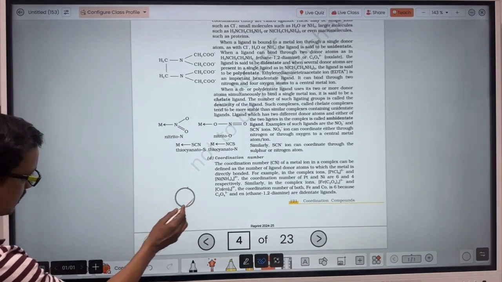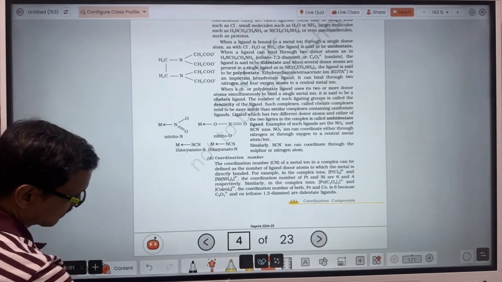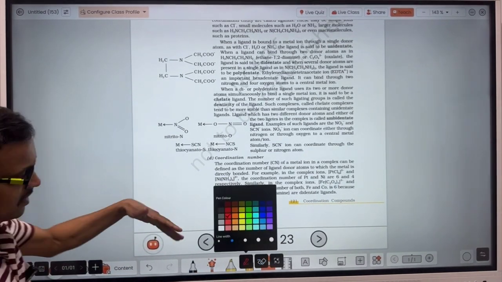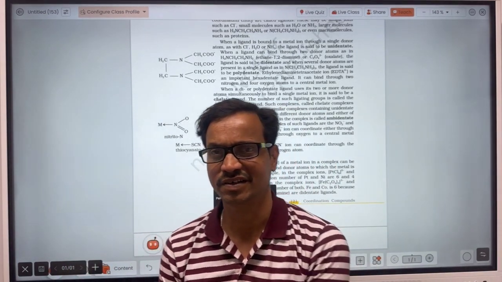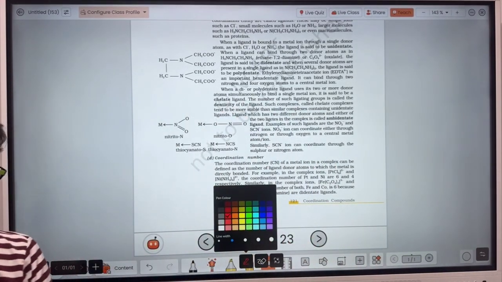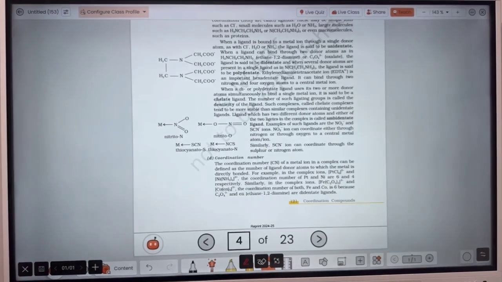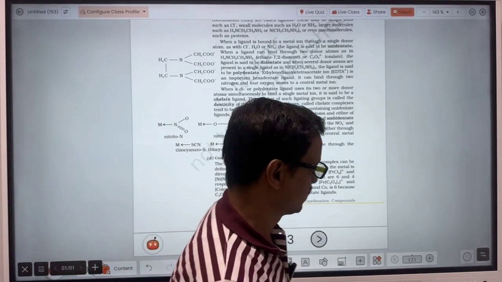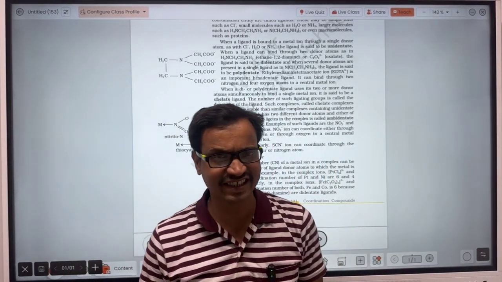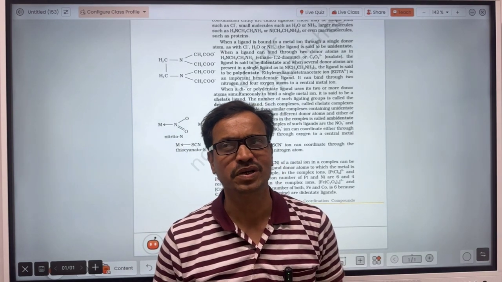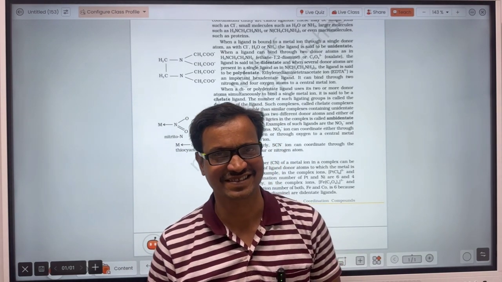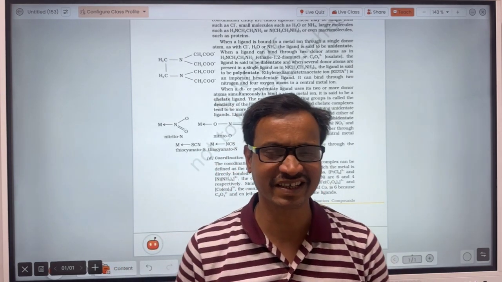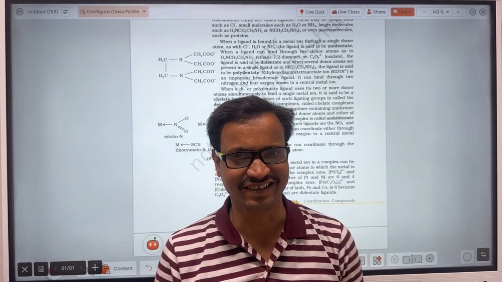So coordination number is the number of atoms doing bond formation with the central atom. You may also write that coordination number is equal to the number of unidentate ligands plus 2 into the number of didentate ligands plus the number of polydentate ligands into their denticity.